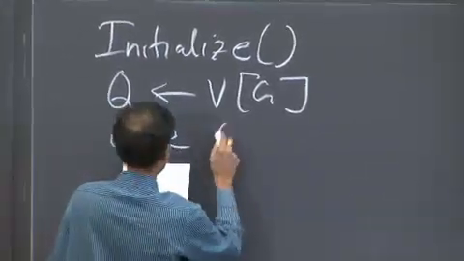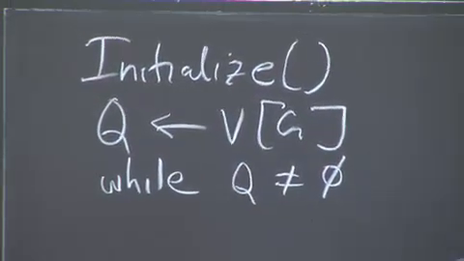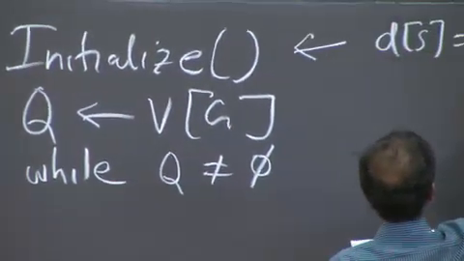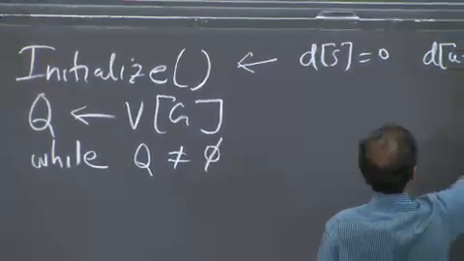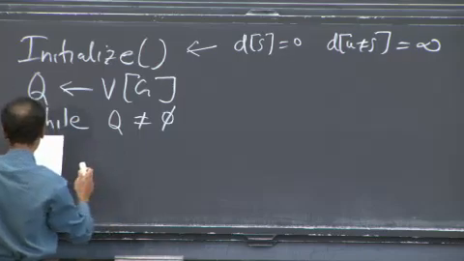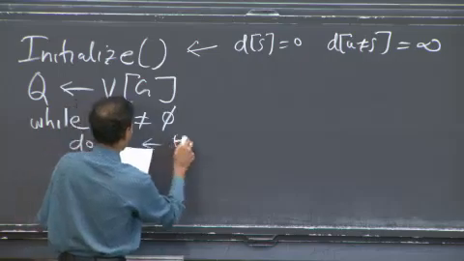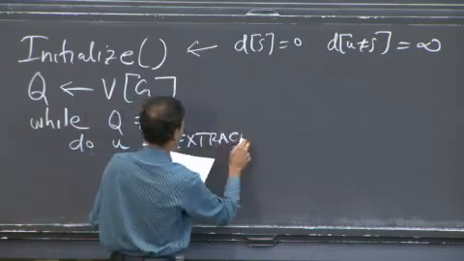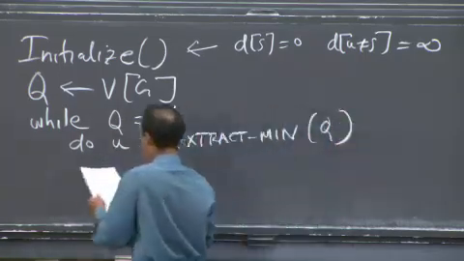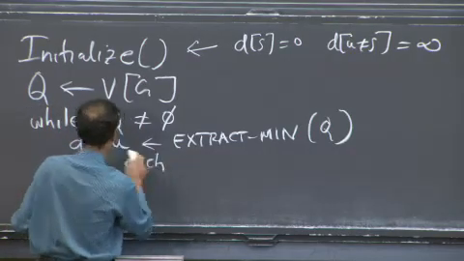You have your set of vertices that you don't know the shortest paths to. Initialize is going to set d of s to be 0 and d of u not equal to s to be infinity. We have this set Q that we're going to process and continually extract the minimum priority from Q. Once we do that, we actually know the shortest path to u already.